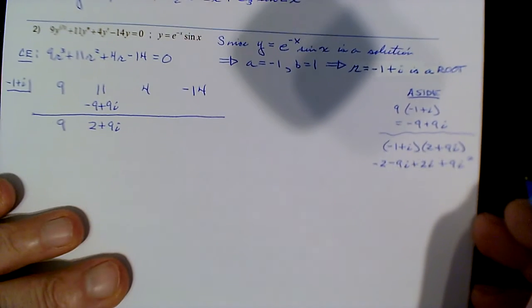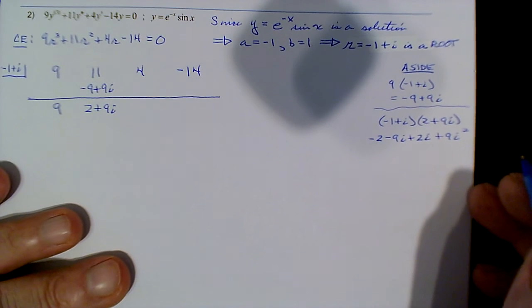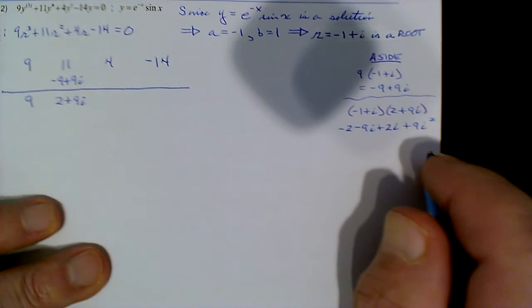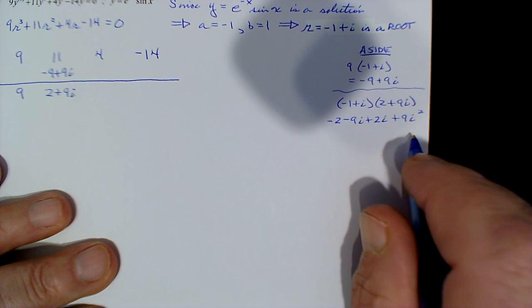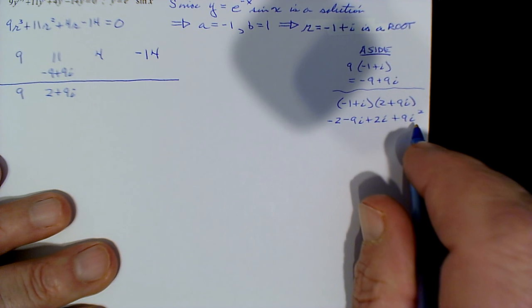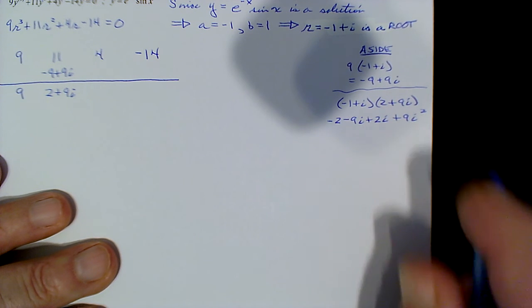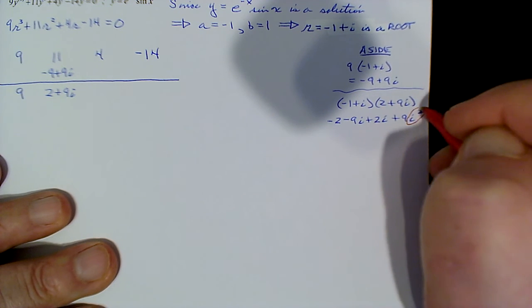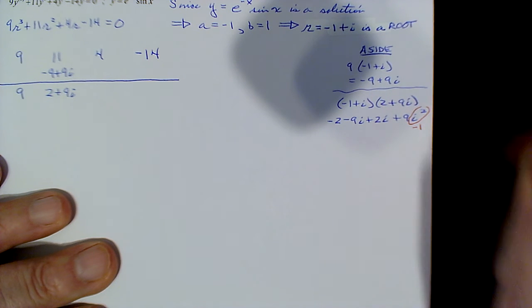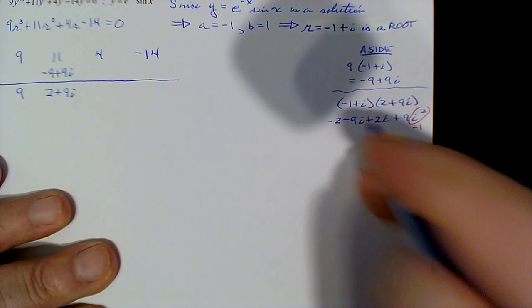Oops, I'm sorry. Okay, so give me time to catch up there. But the i squared is negative 1. So that would give minus 2.